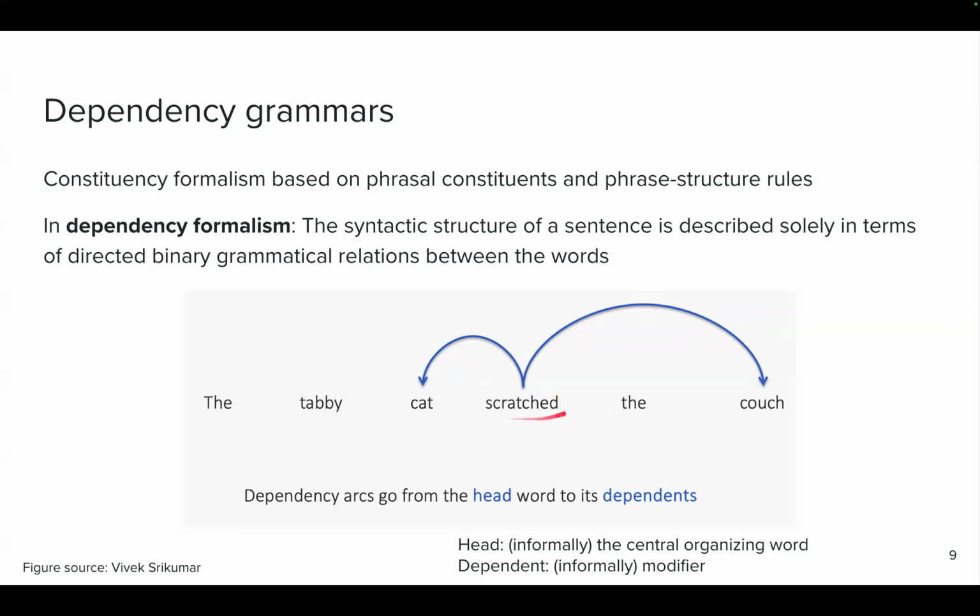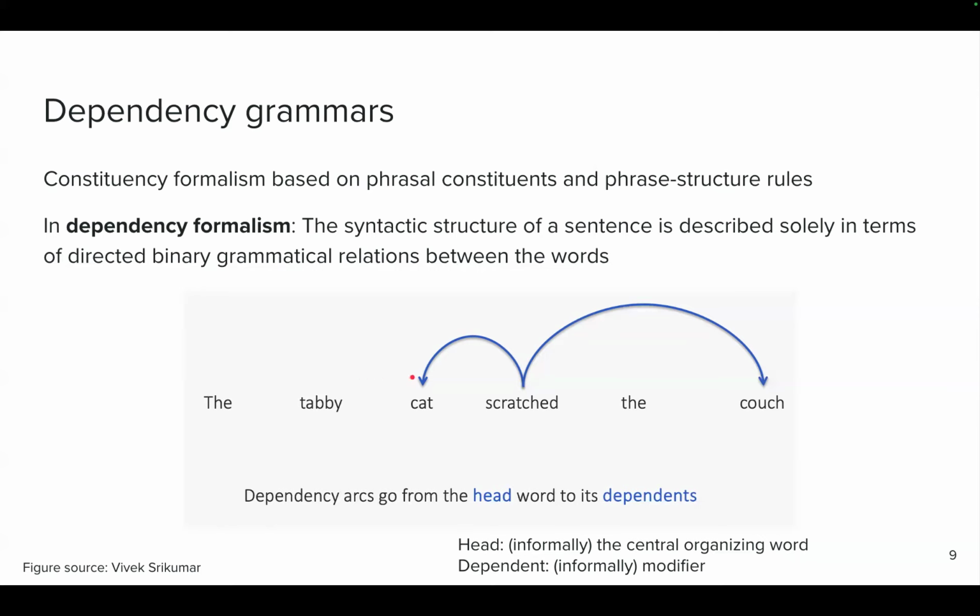Here, the word scratched, in this arc relationship, is called the head. The head is the word from which the arc is going. And the word that the arc is pointing to is called the dependent. Informally, you can think about it this way: the head is usually the central organizing word, and the dependent is something like a modifier or, in this case, a subject or object of the verb.